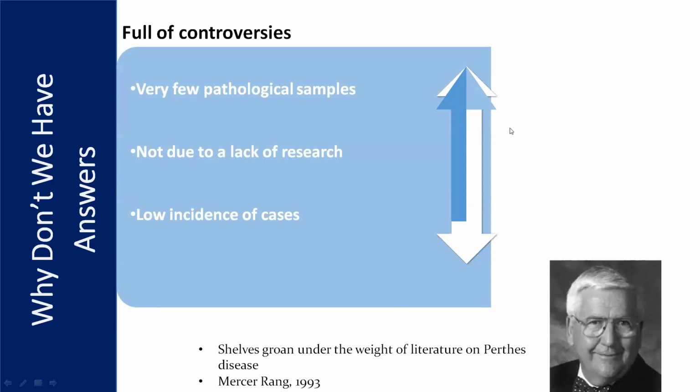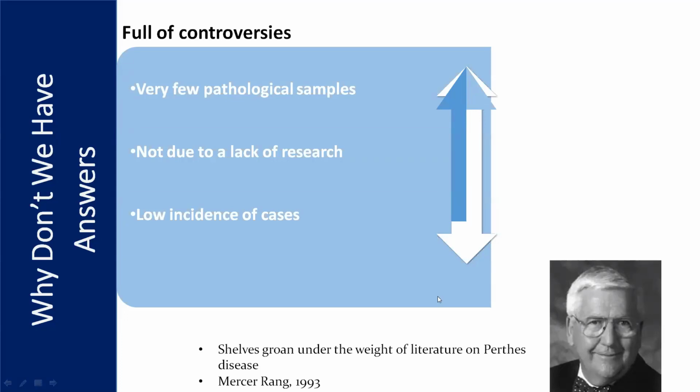Some of the reasons are that there are very few pathological samples. In Perthes disease, we try to preserve the hip, so we can't really collect pathological samples as much. We can't really study them. Something I'd like to point out is that it's not due to the lack of research in Perthes disease. Mercer Rang in 1993 said shelves groan under the weight of literature on Perthes disease.